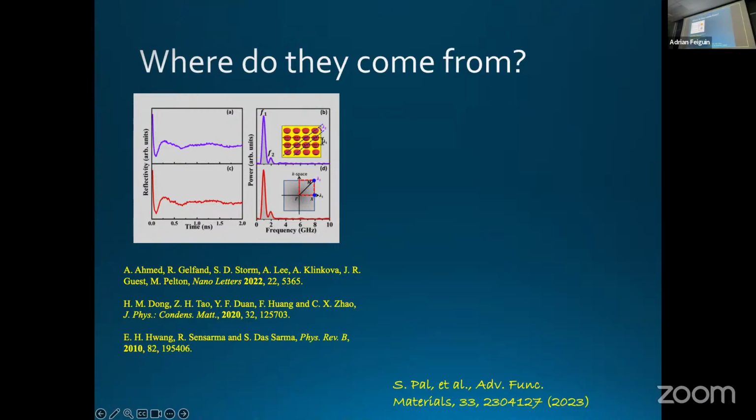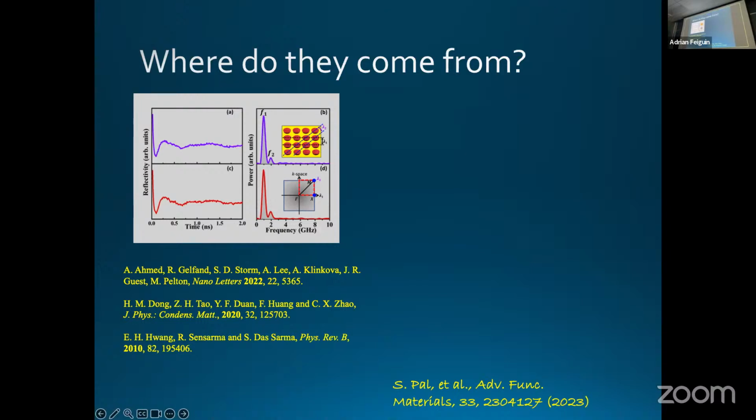And so these are a bunch of theoretical papers that talk about this effect, about magnon-phonon, phonon-plasmon coupling. And phonon-plasmon coupling gives rise to a hybrid phonon-plasmon wave, which seems to have frequencies of gigahertz and therefore comparable with the frequency of the magnon.